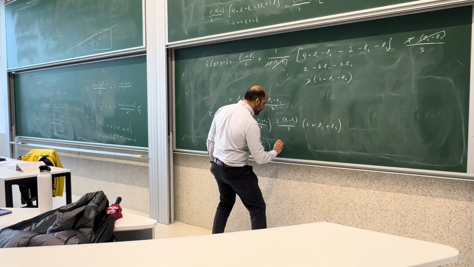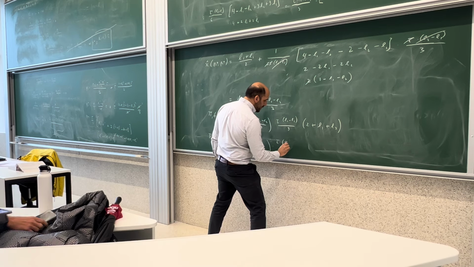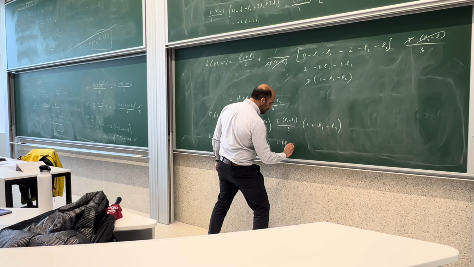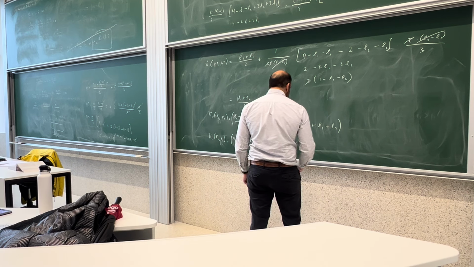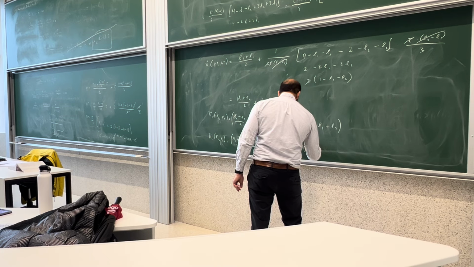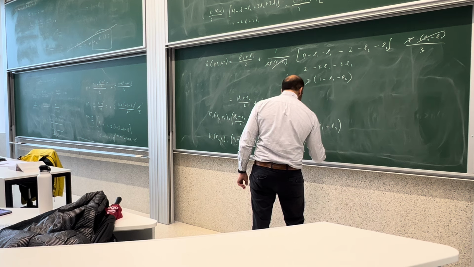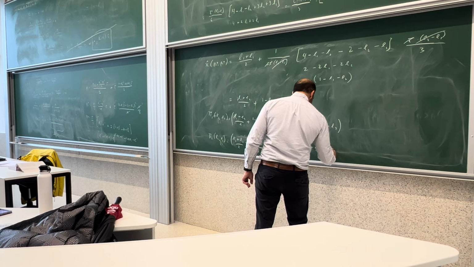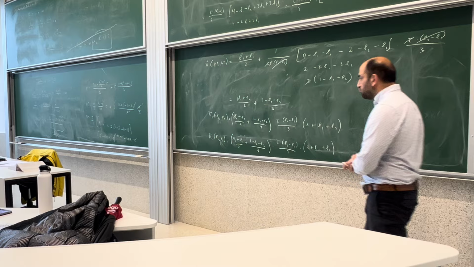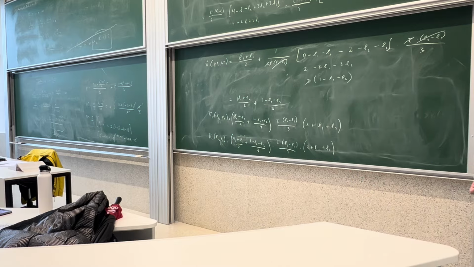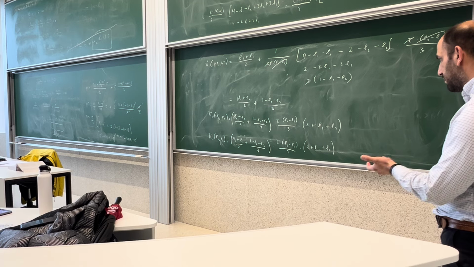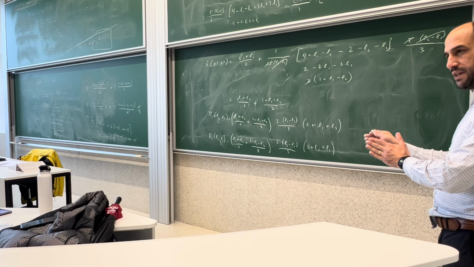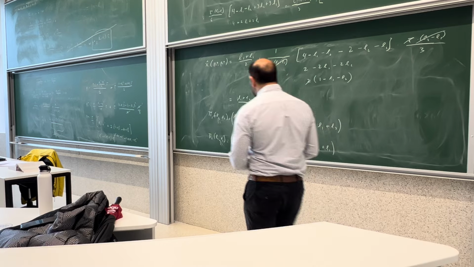Times tau times L1 minus L2 over 3, times 2 plus L1 plus L2. This might be because I'm assuming that firm 2 is the one that's higher actually. So I'd have to substitute.